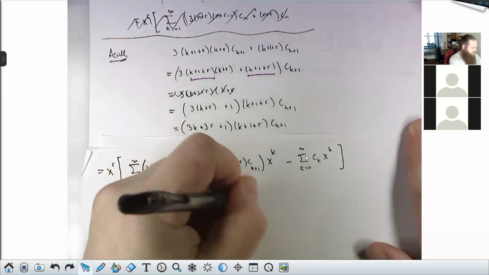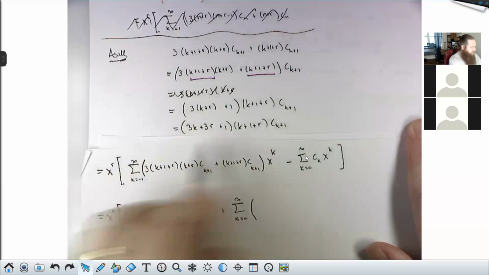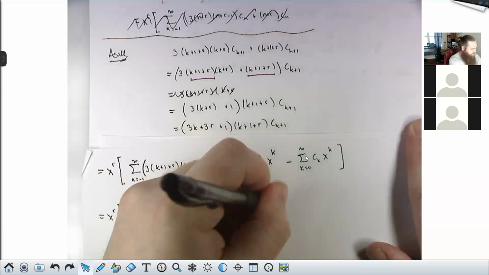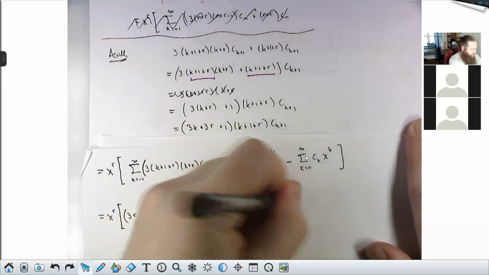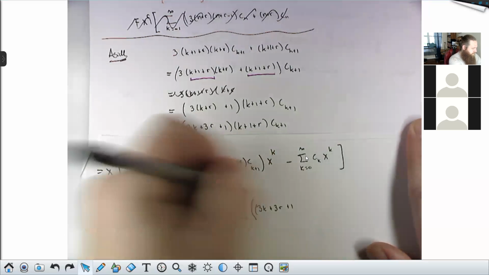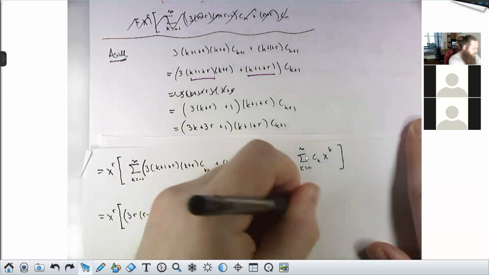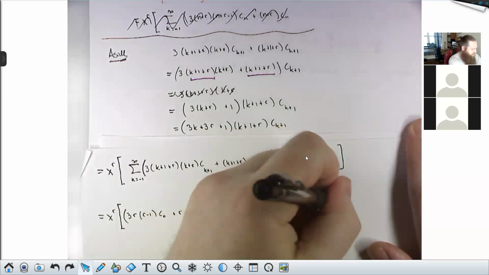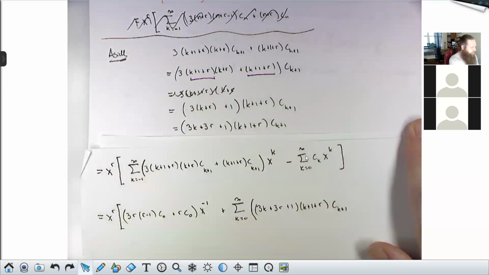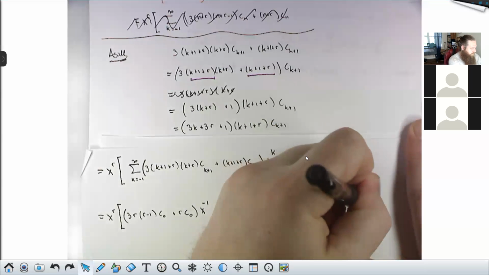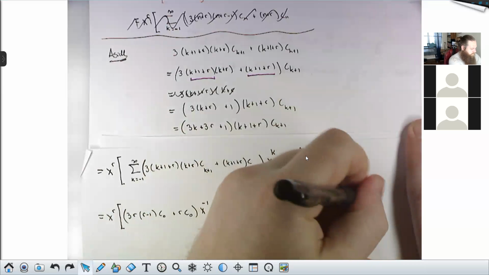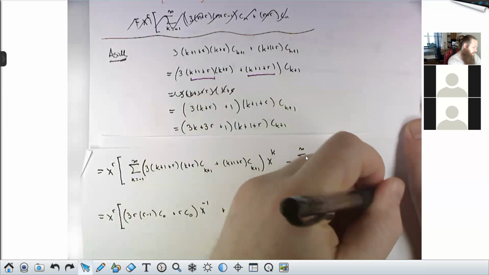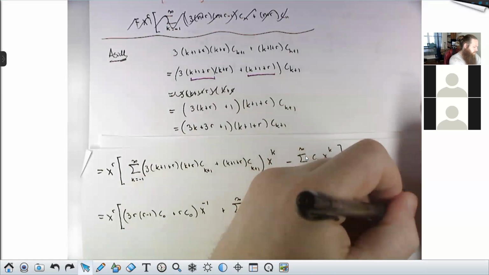So in here I will have 3k plus 3r plus 1 times k plus 1 plus r times ck plus 1. And then from that, I'll subtract the terms from this series, which is just ck. And I'll have my x to the k here, and we close our big bracket.